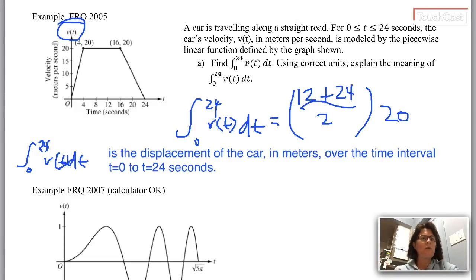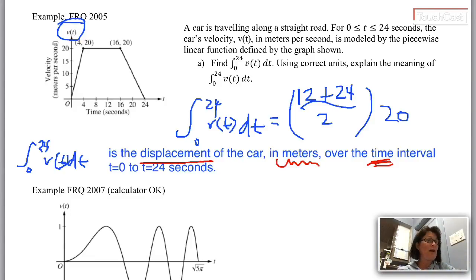So watch. The displacement, so what quantity does that represent? Well, I've integrated velocity, that gives displacement. And I need units on displacement. And I need to give information about the input. It's not any displacement of the car. It's specifically the displacement of the car over the time interval. So think about what quantity your limits on your integral represented. They were t values, and t in this problem represents time.